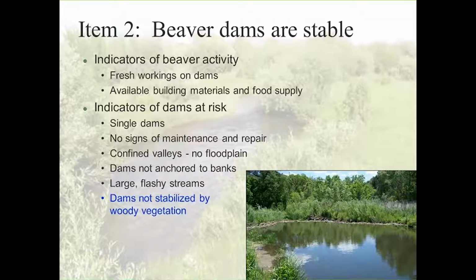If you are in particularly confined valleys, where you have a high flow and there's no ability for flow to spread out around the beaver dam and all of that flow is concentrated right on the dam itself, there's a potential risk there. Dams not anchored to banks is a little bit of a judgment call.